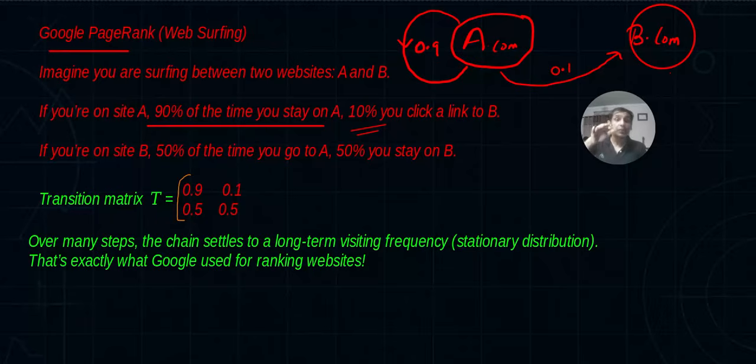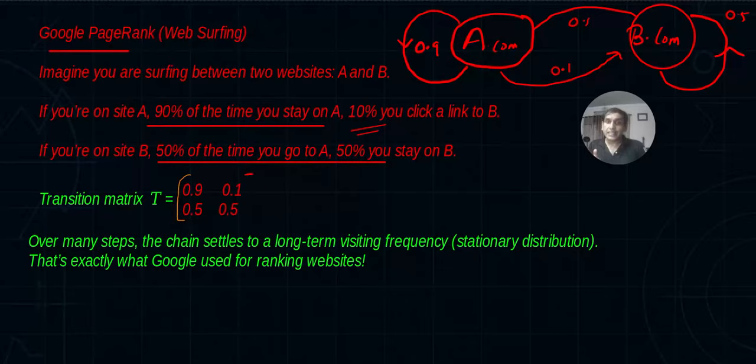Now look at this. You may stay on b.com or you might go back. The chance that you'll stay in b.com itself is 50%, and the chance you might go back is 50% according to this information. And this gives something called the transition matrix.